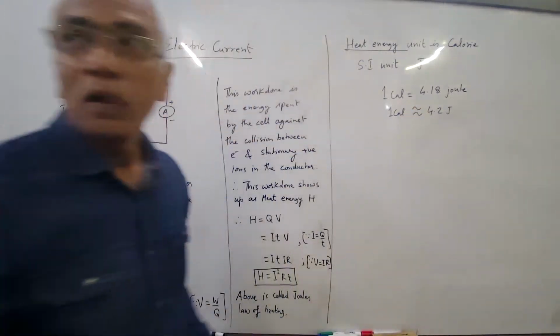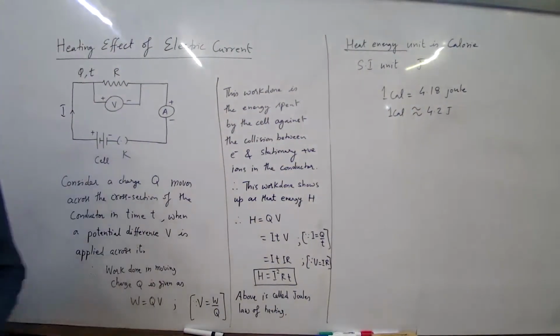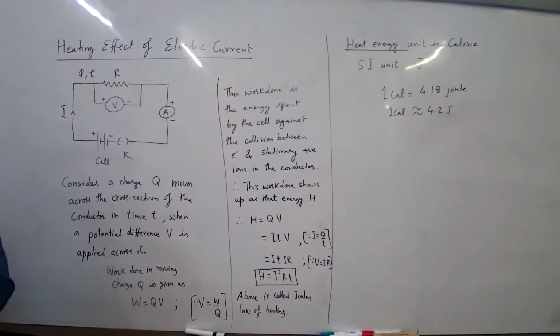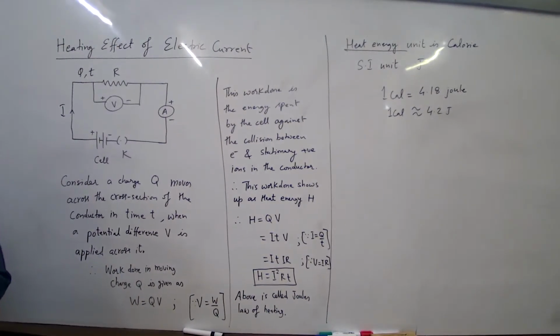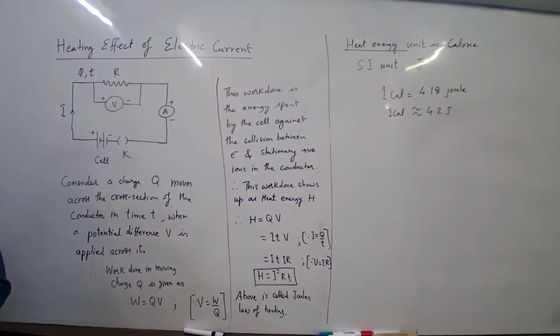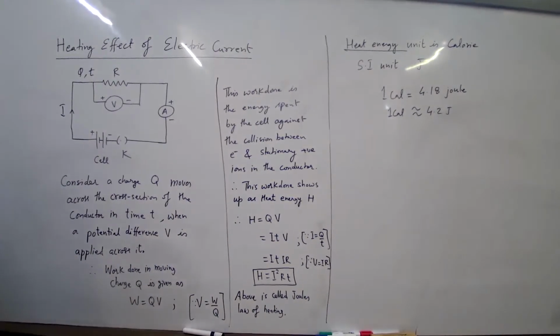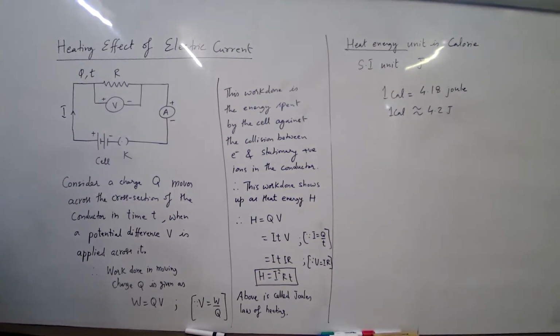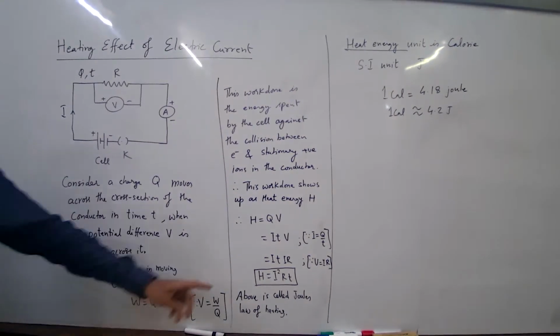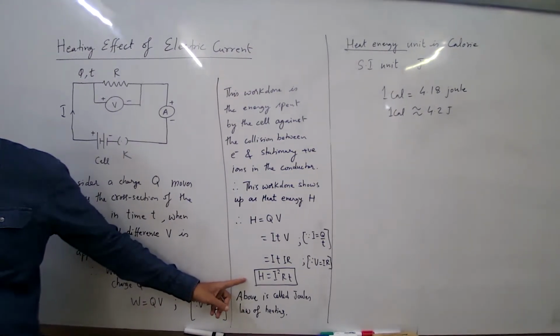Which unit do we use in calculation? It depends on the question. If nothing is asked, SI, joule. Sometimes they will ask you to express the answer in calorie. Sometimes in the question it will be given in calorie, or different units will be given, so you may have to do the conversion. Here the answer will come in joule.